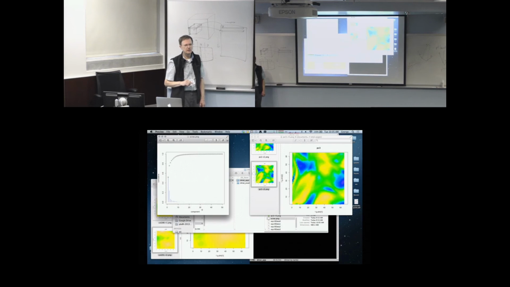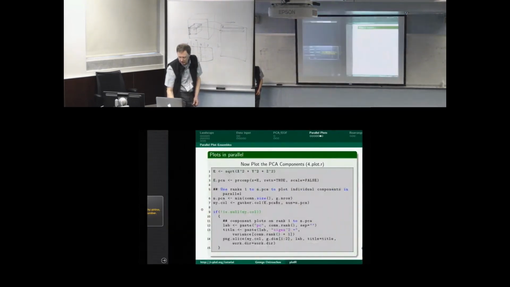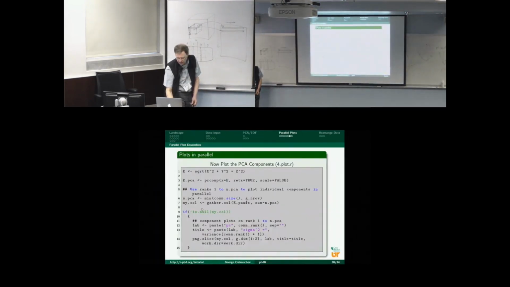Can you just relate back to the original problem, what these components are? Is the first principal component like the total energy across the whole? Right.